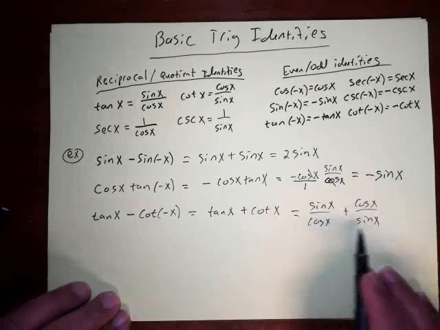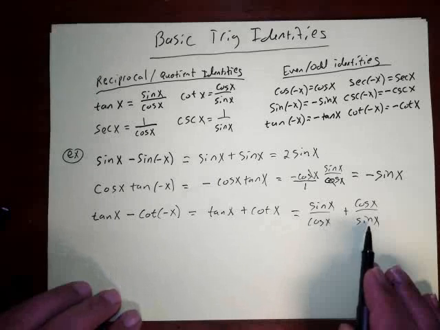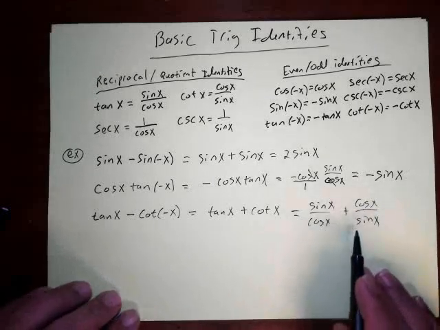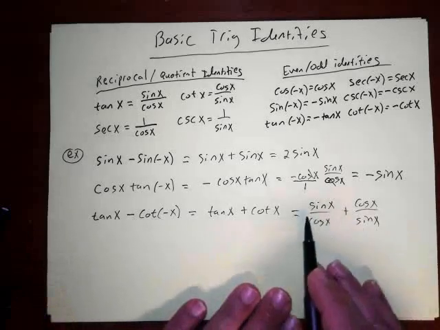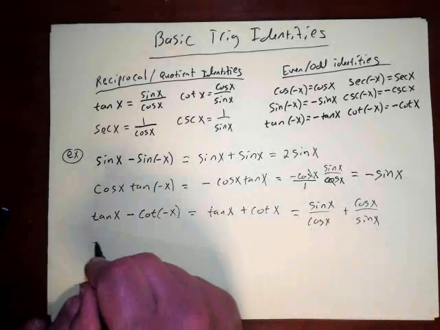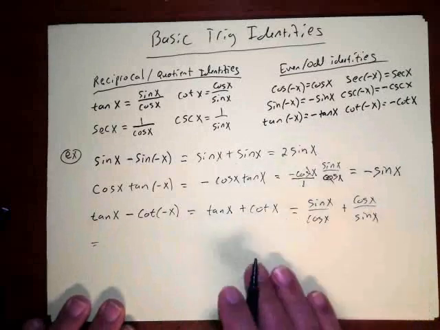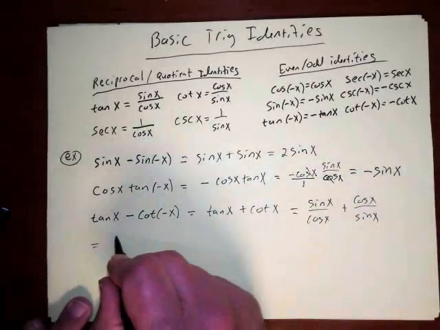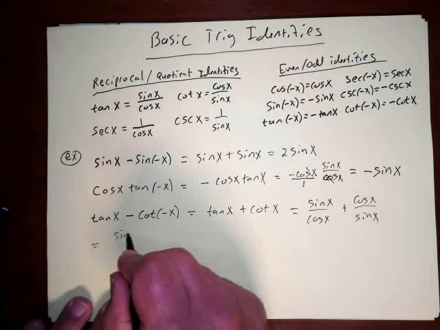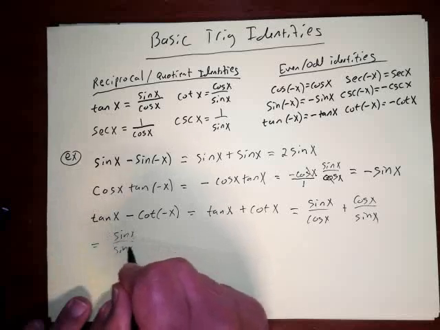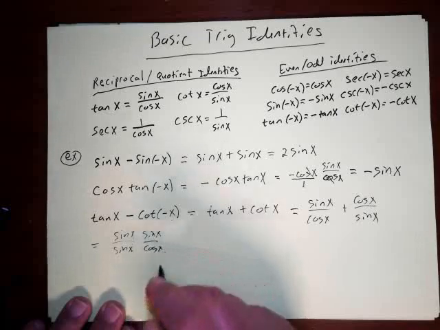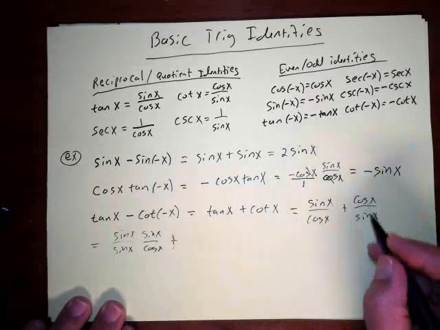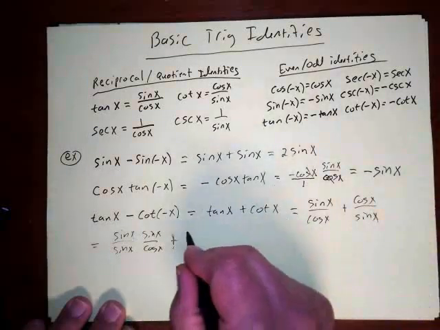And the common denominator will always be the product of the 2 denominators when you're dealing with algebra expressions like this. And so to convert these, I got to multiply the top and bottom by sine x, right? And so this would be like sine x times sine x over sine x cosine x, plus, and then here I got to multiply the top and bottom by cosine x.